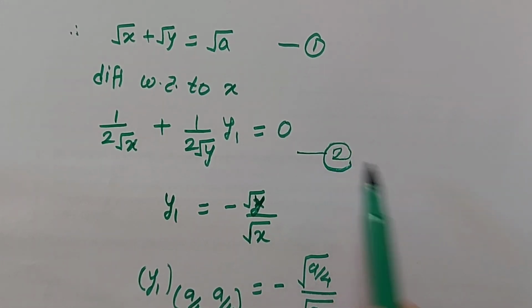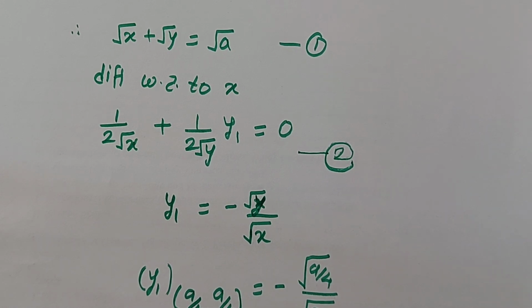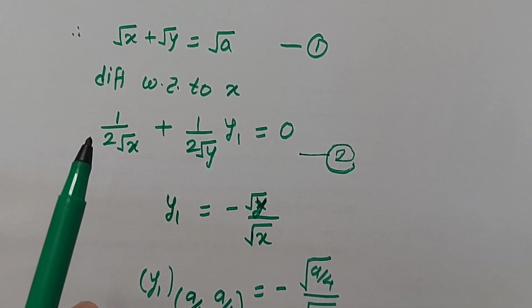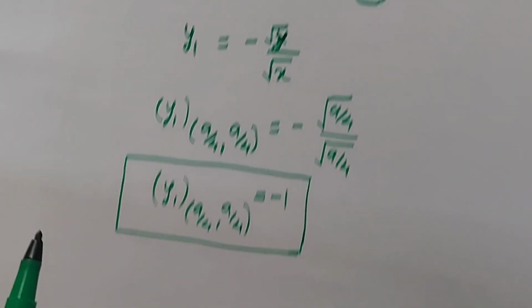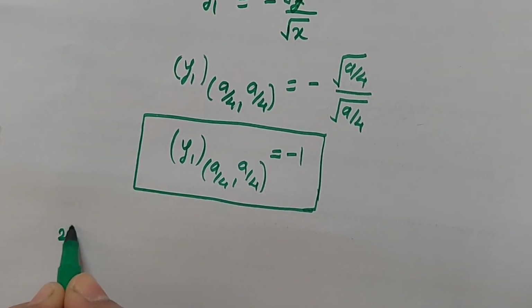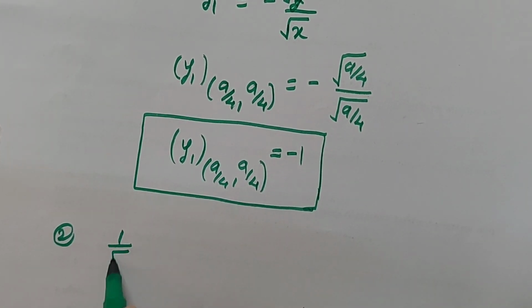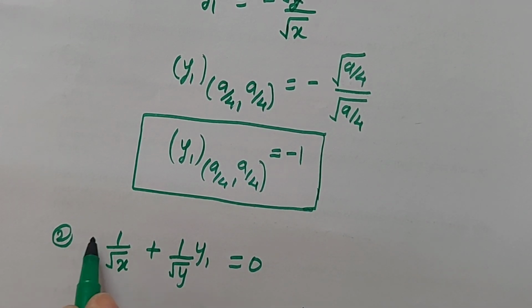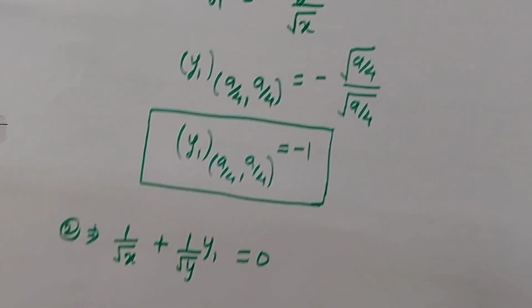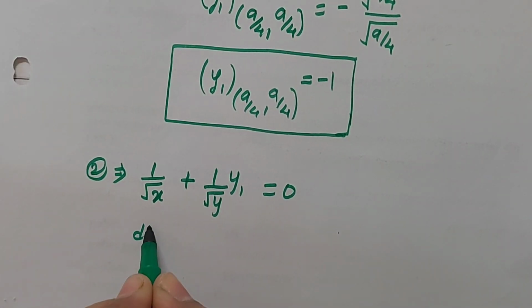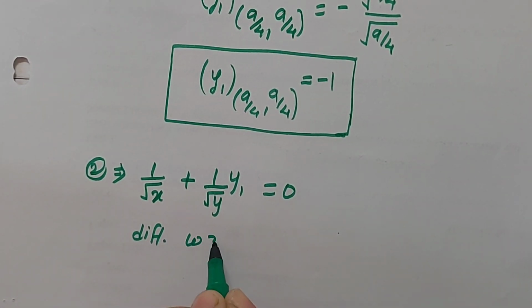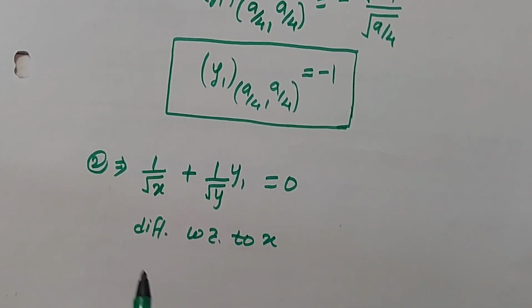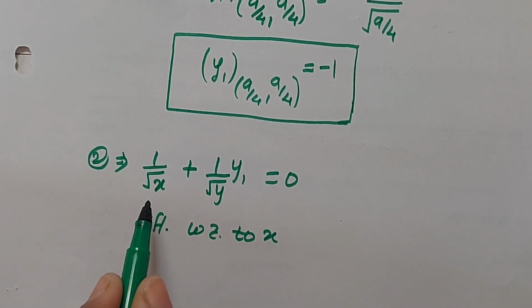Use equation 2. So differentiate this equation 2 with respect to x, then from equation 2 we get 1 upon under root of x plus 1 upon under root of y into y1 is equals to 0. This is our equation 2. Now if we are differentiating this term with respect to x, then we get the derivative of under root of x.